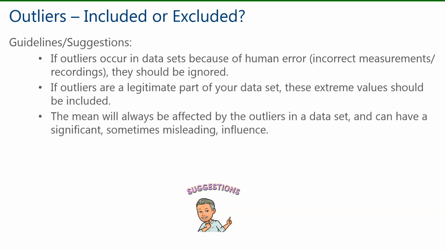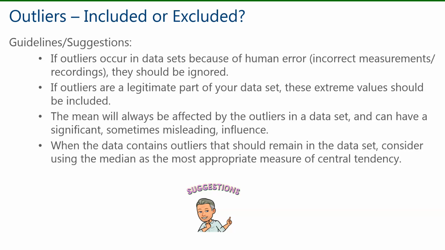The mean will always be affected by the outliers in a data set and can have a significant and sometimes misleading influence. When the data contains outliers that should remain in the data set, consider using the median as the most appropriate measure of central tendency. With these guidelines in mind, let's have a look at an example.